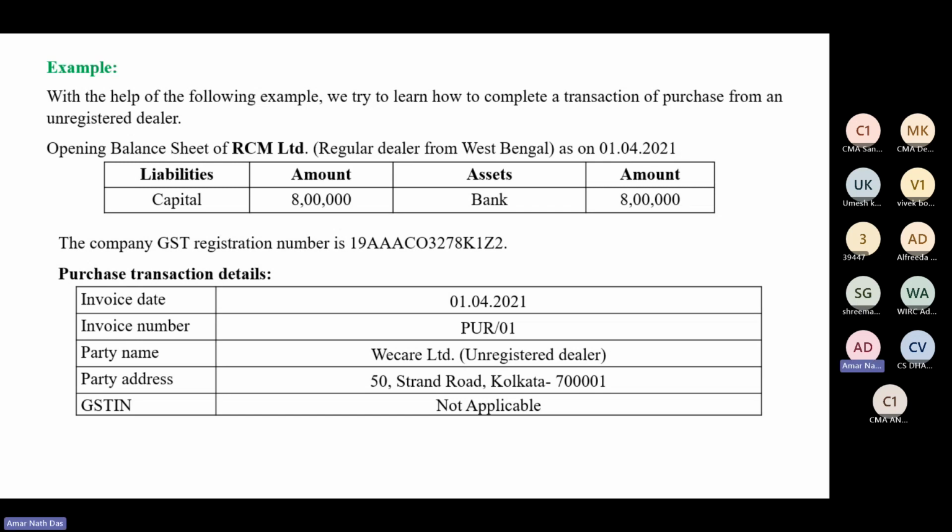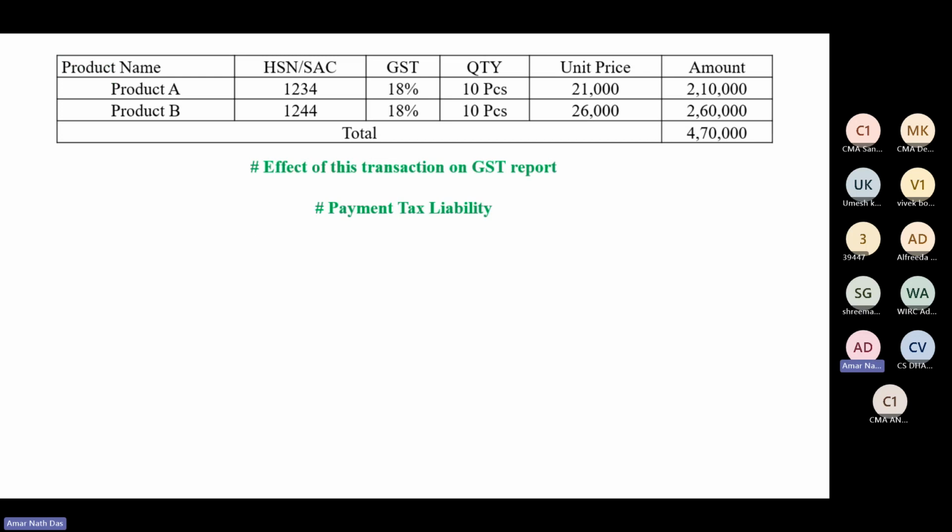As it is an unregistered dealer, the GST number is not applicable. So come to the next part. This is our product, the product purchased from the unregistered dealer. This is product A. GST rate, quantity and price are all applicable.